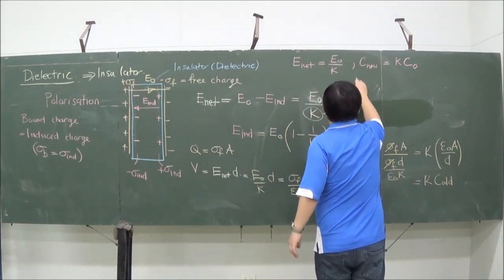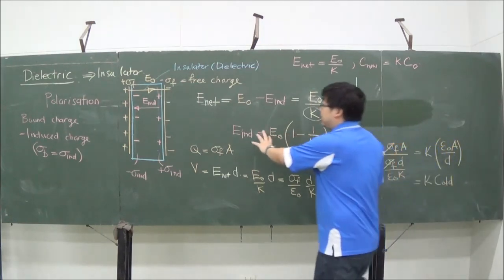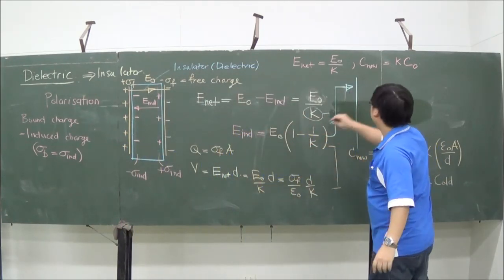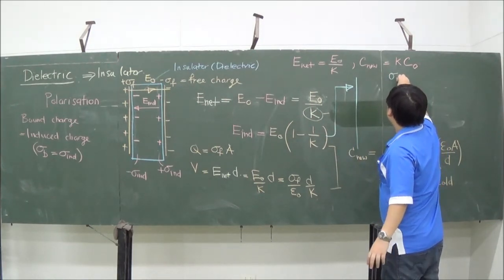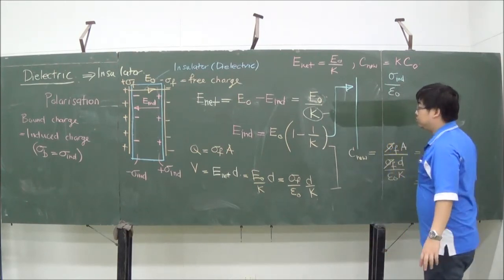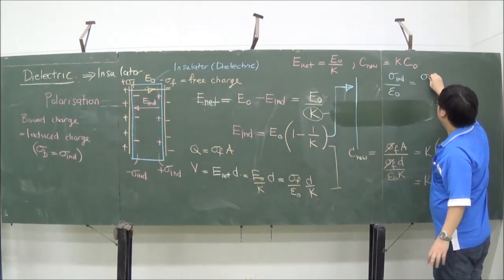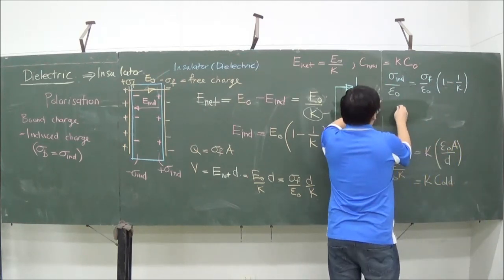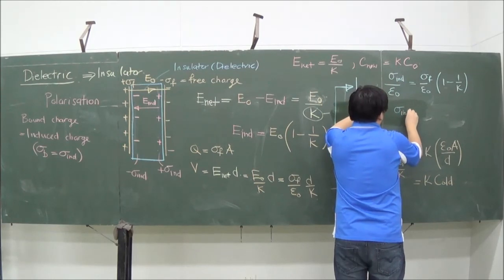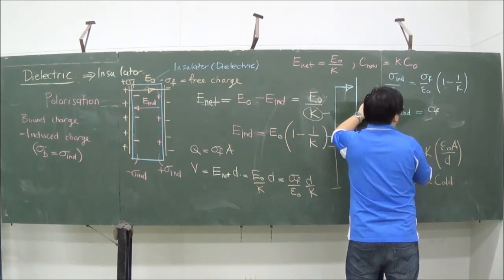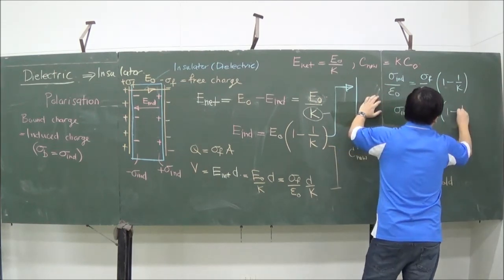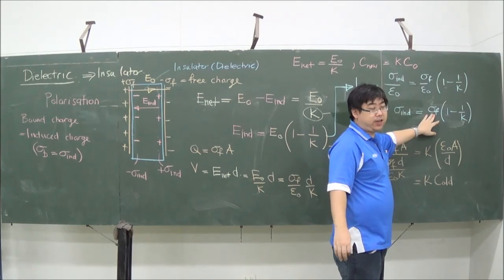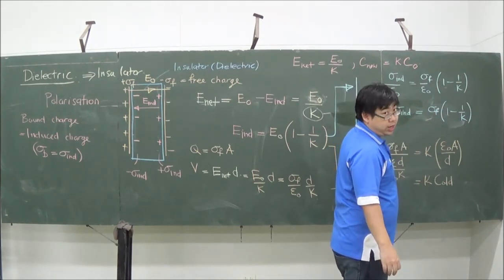From these equations, you can calculate the induced charge in the insulator using the induced field, where sigma induced divided by epsilon naught equals the old field, which is sigma free divided by epsilon naught times (1 minus 1 over kappa). So the induced surface charge density equals the free surface charge density times (1 minus 1 over kappa).